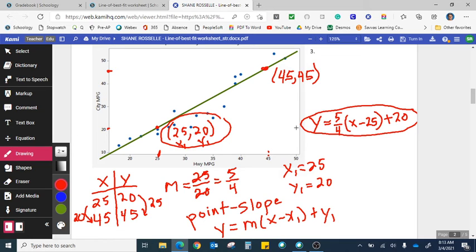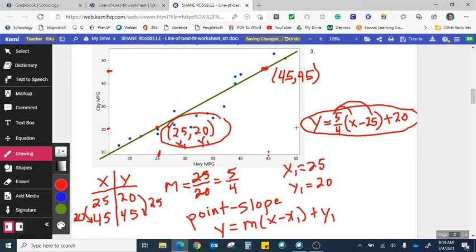If I want to figure that out, it's a couple quick steps. What I have to do is distribute. I'm going to use the distributive property and multiply 5/4 times the x, and then multiply the 5/4 times the 25.